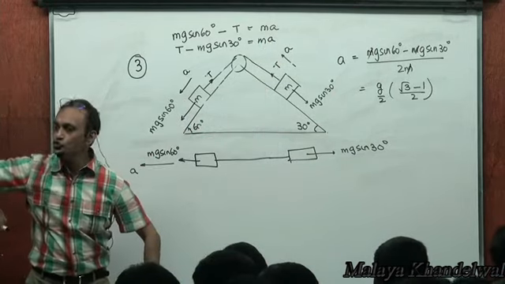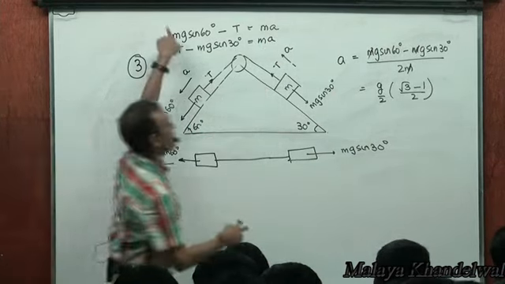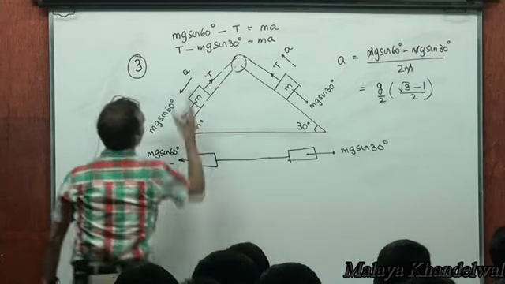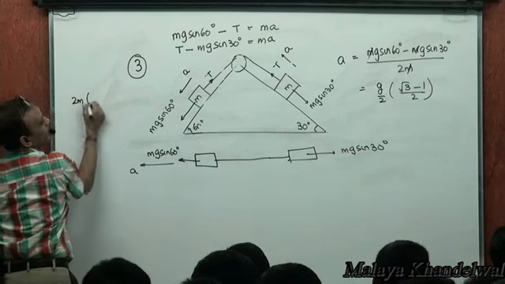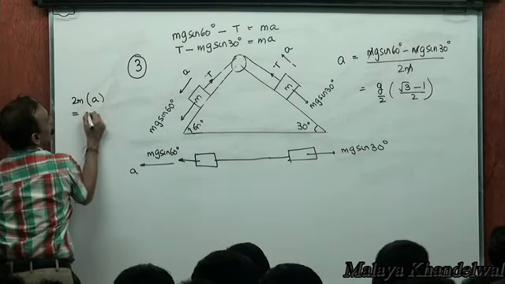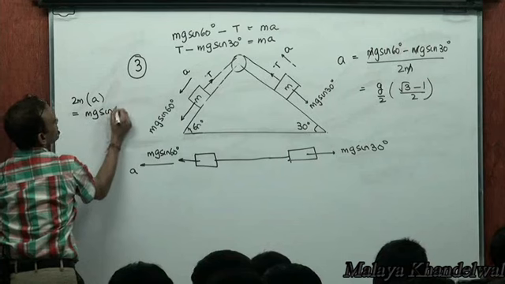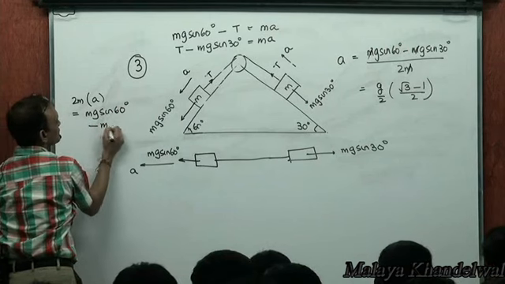Now I add the two equations. Let me add the two equations. If I add the two equations, then T will get cancelled and I get 2m into a is mg sine 60 degrees minus mg sine 30 degrees.